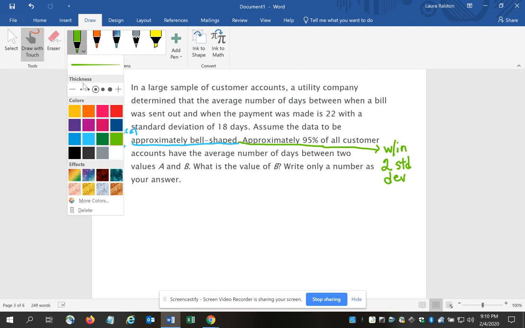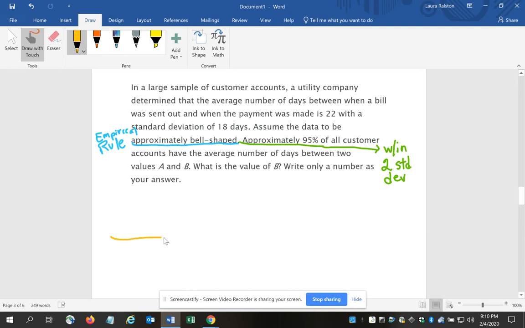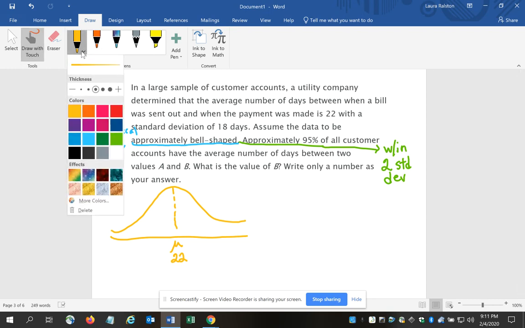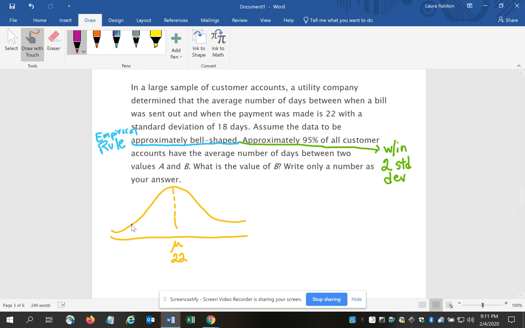Again, it may help you to visualize what's going on. If I draw a picture, I have my bell-shaped distribution. My mean is in the middle, which I'm told is 22. I want to know approximately 95%, which means I'm within two standard deviations.